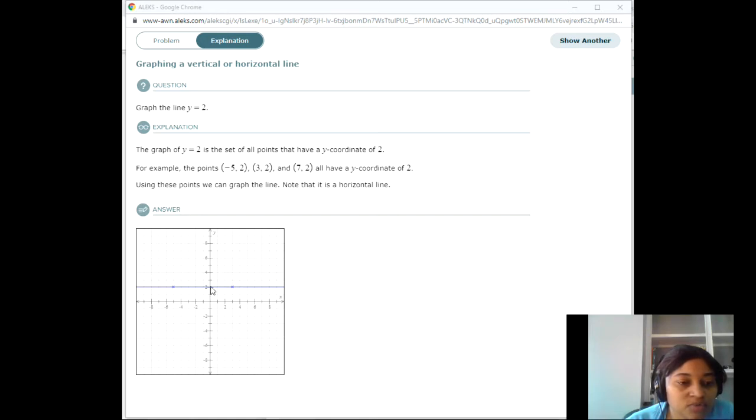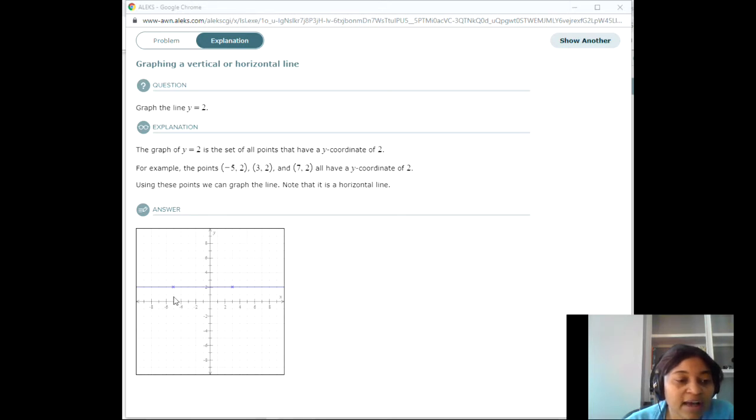So you would go here because that is a positive 2. And then any of the points with the y coordinate 2 work. Here they have -5, so they would go over 5 to the left, and then 2. It's a positive 2. If it had a -2, it would be down here. But since it's a positive 2, they went over 5 and up 2.